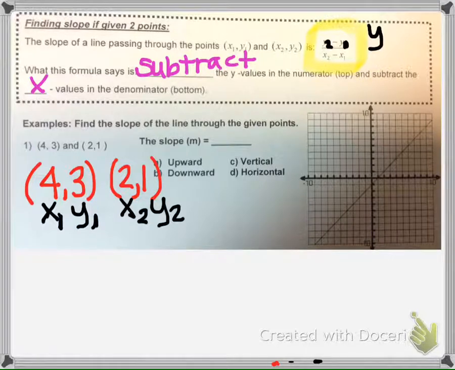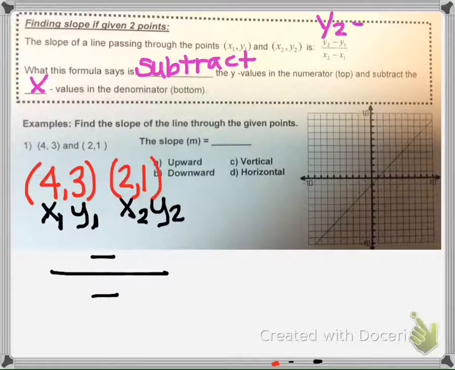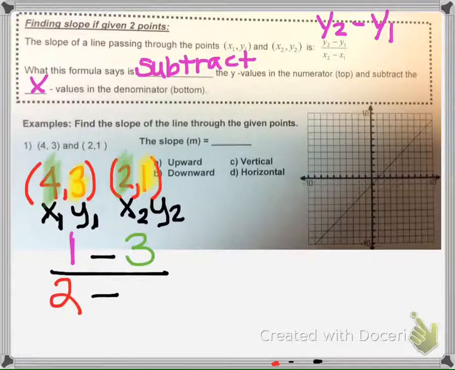And all this formula is saying is to subtract the y's first. So we're going to take the y's. So notice this formula here says to take y2 and subtract y1. So the formula is saying to take y2, which is the 1, and subtract y1, and then to take x2 and subtract x1.